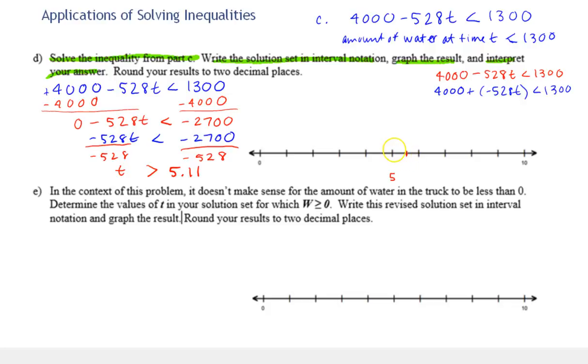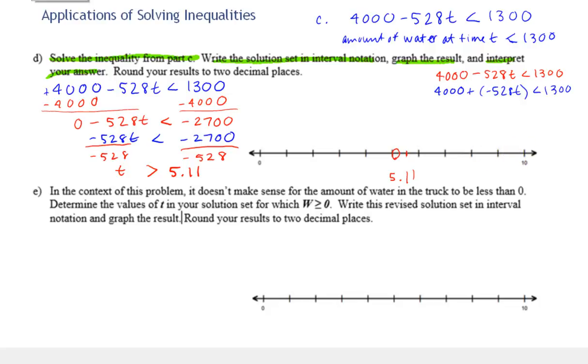We're going to draw an open circle because it's a strict inequality. When you do that, it takes up some space, so you want to make sure you label it underneath. I'm going to put the 0.11, and even though it takes up a little space and looks like it's touching 5, this circle is representing 5.11, which is our boundary value. Now the question is, are we moving to the right or to the left? This says t is greater than 5.11, so numbers greater than 5.11 are to the right.